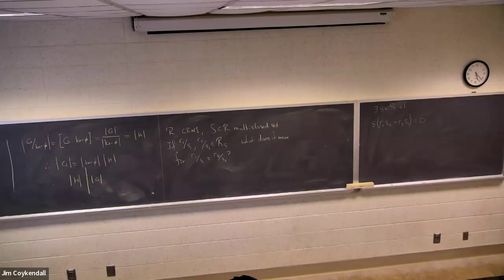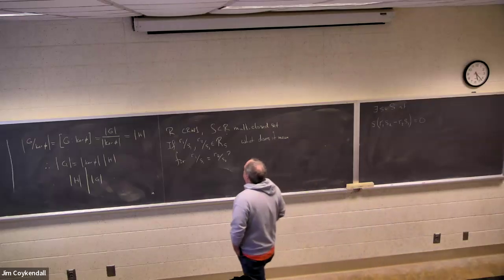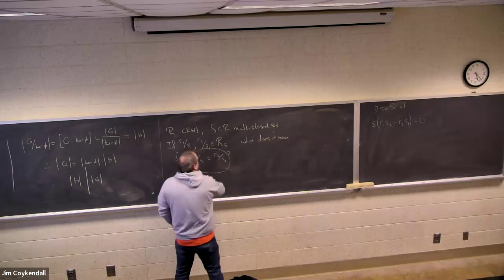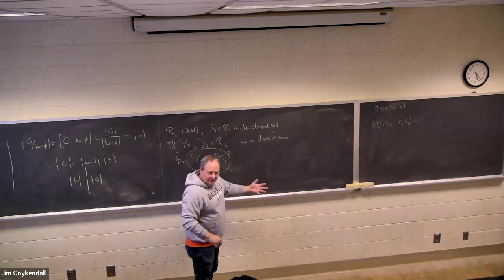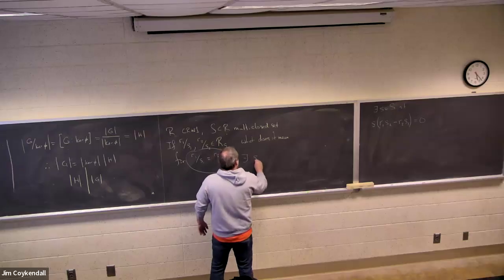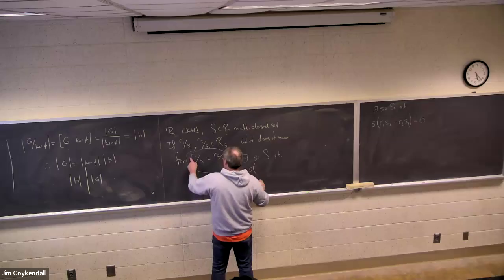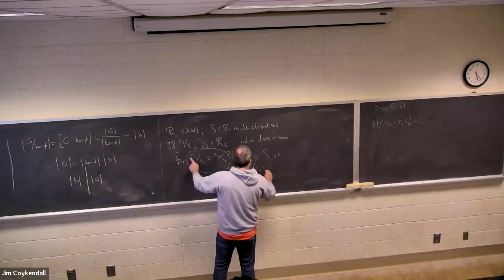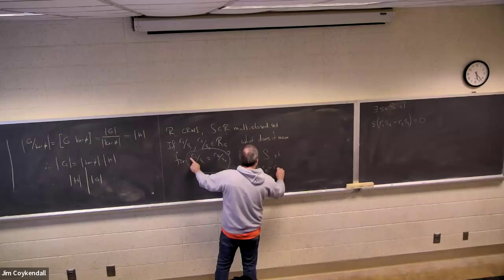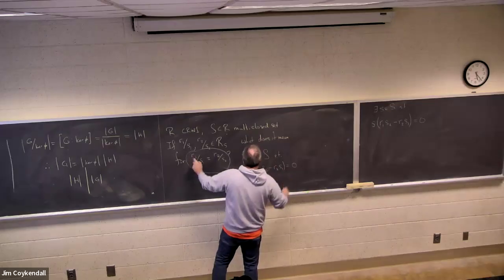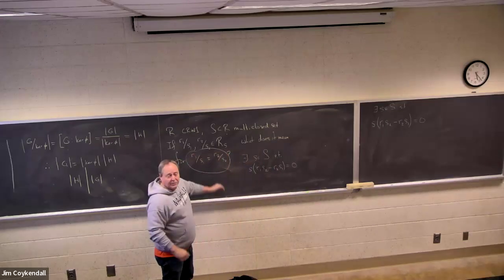Any questions on that? What does that mean? Well, what it means for these two fractions to be equal is if you can find some other element of S such that S times R1 S2 minus R2 S1 is equal to 0.